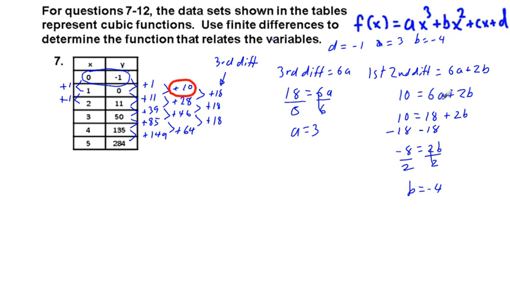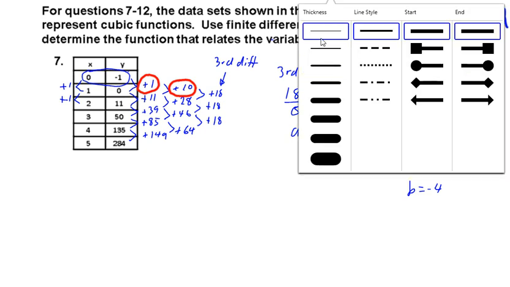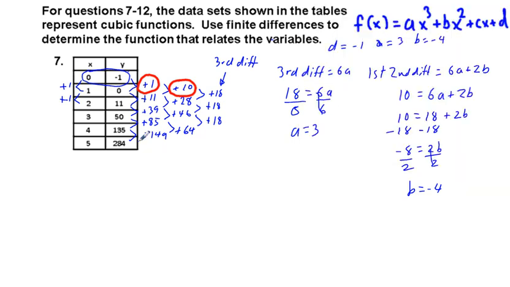And the last thing we're going to have is first difference. And I'm going to circle that now in red. So that's 1. So we write down here, first difference is equal to a plus b plus c. So our first difference is 1.